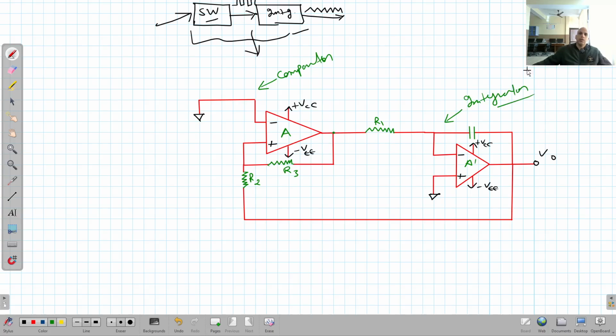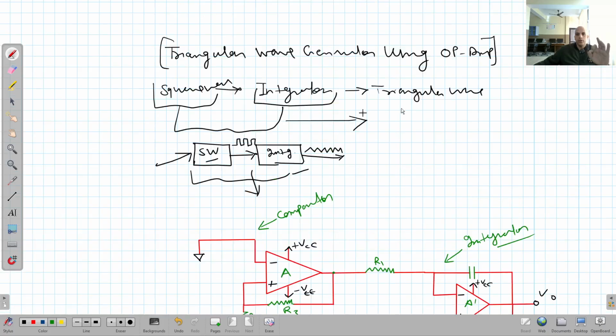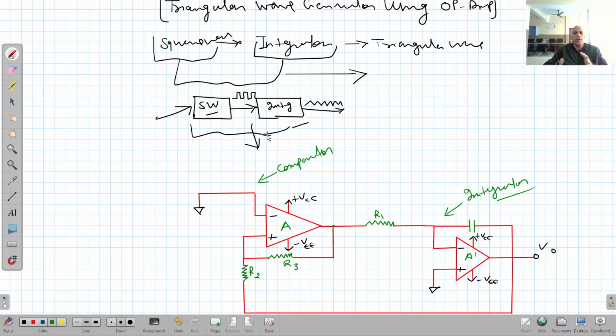So what I have done here is what I told you in the beginning: that I can design a triangular wave generator by the combination of a square wave generator and an integrator. That circuit requires more electronic components, so I used this method instead. Here I have simply used a comparator, because we know very well that a square wave generator is also a modified version of a comparator.